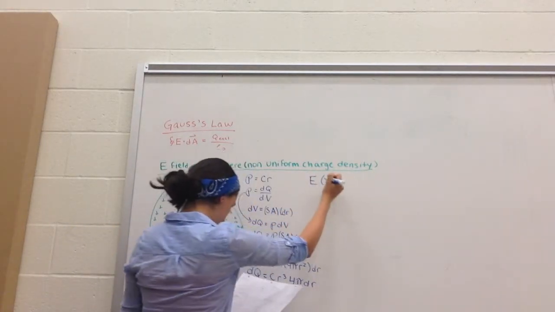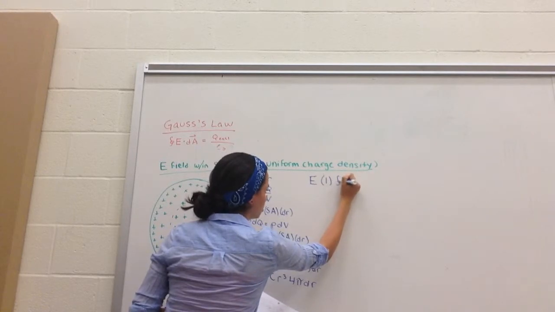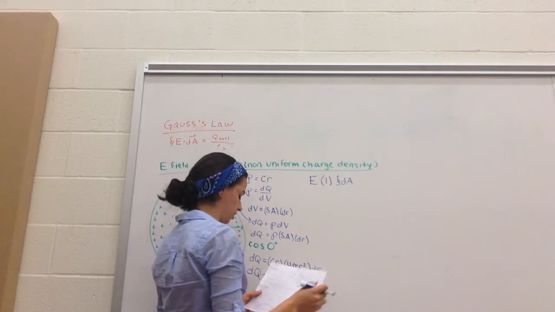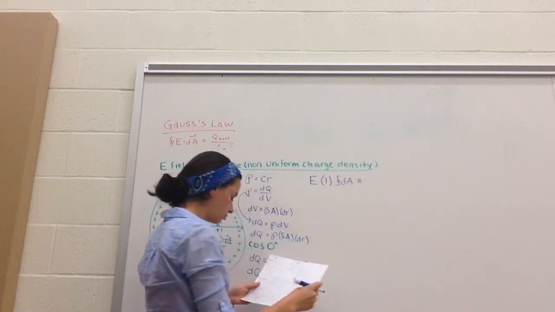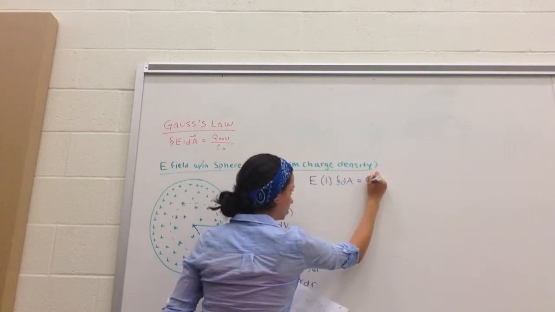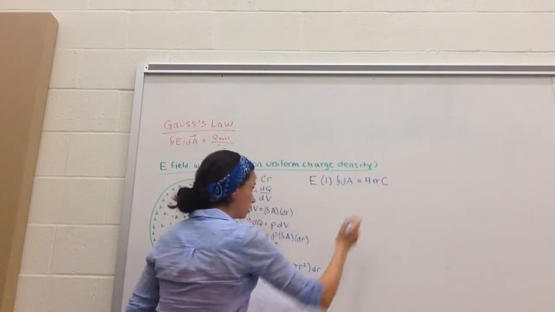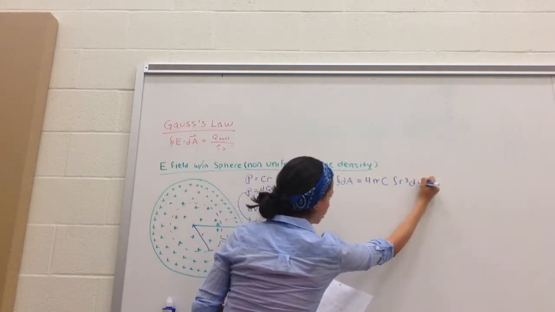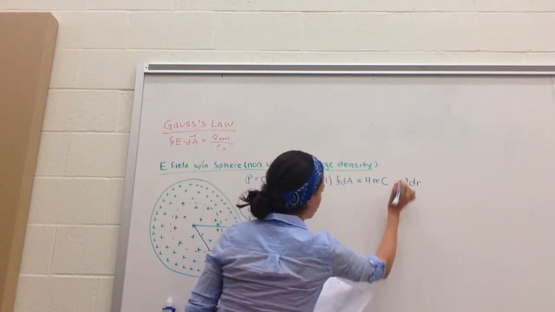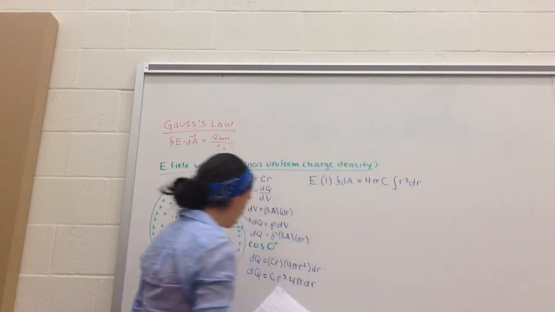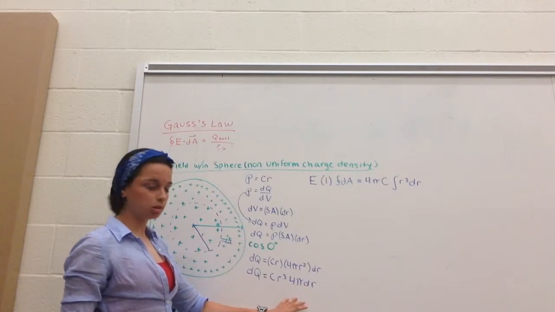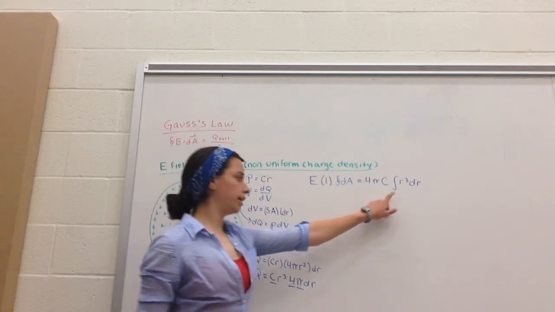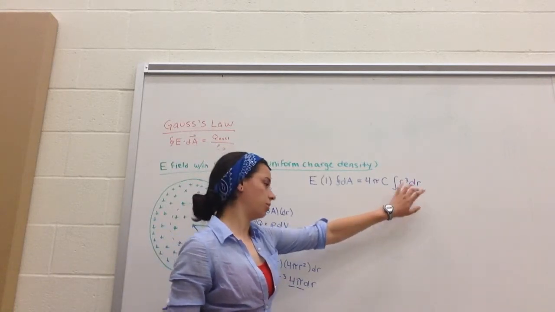So the electric field times 1 times the closed integral of the surface area, or the closed integral of dA, which is the surface area, equals 4 pi C times the integral of r cubed dr. All I did was rearrange this equation. I pulled all my constants out, which were 4, pi, and C, and so I'm only left integrating r cubed with respect to the radius.